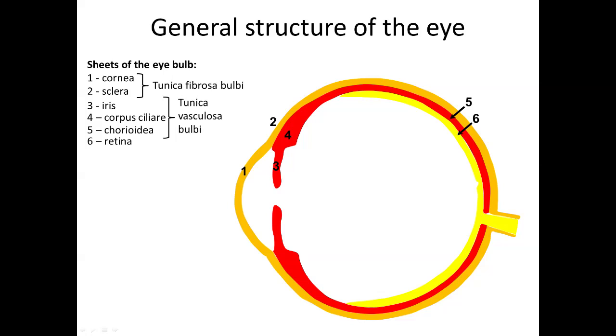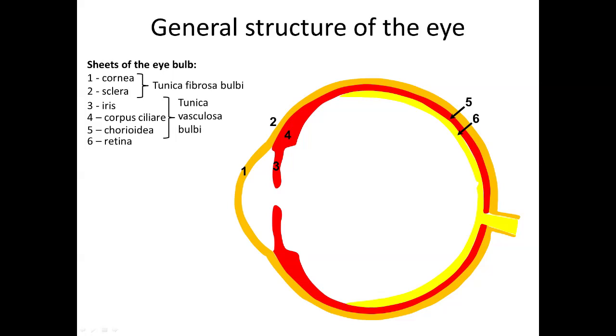And that's why after each head trauma, the ophthalmologist is obliged to evaluate the conditions of retina. So they try to answer the question: had this patient a contusion of the brain or not?